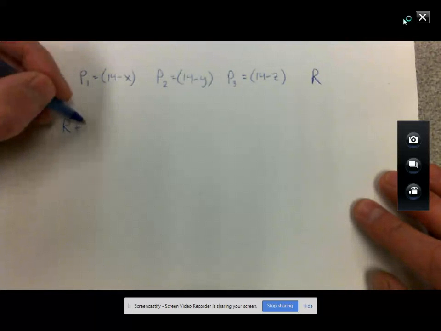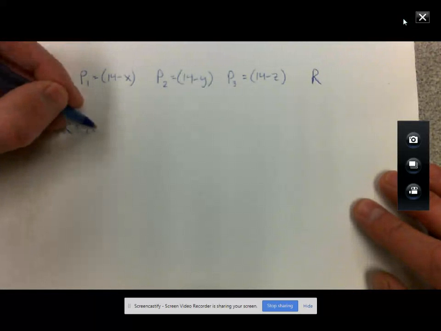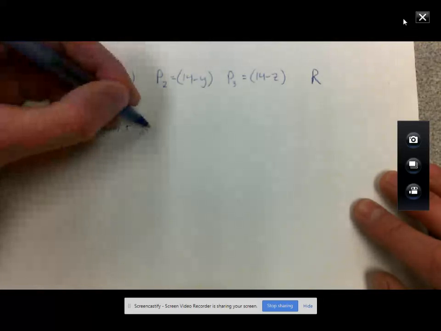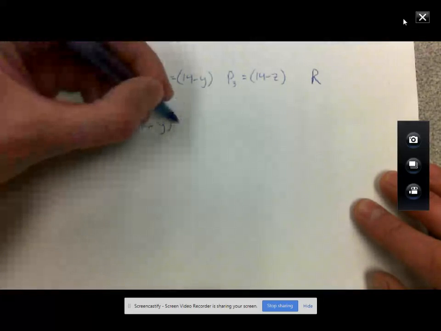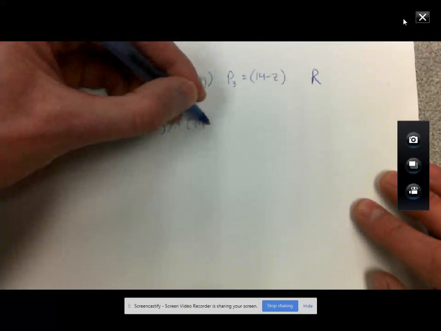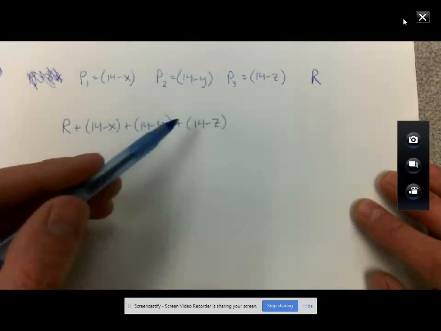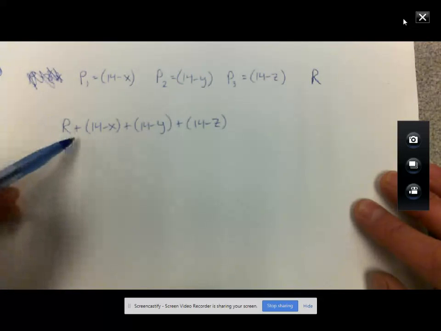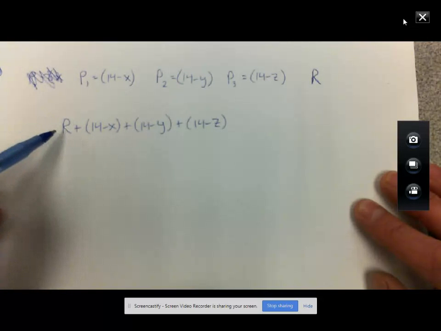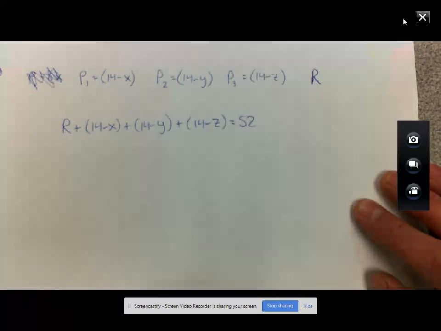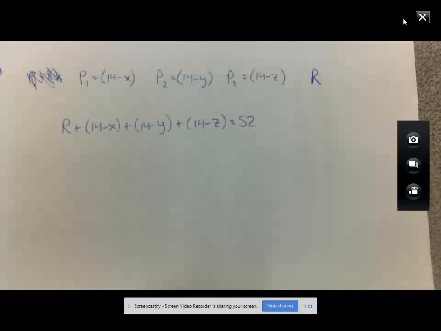Plus you've got pile 1, 14 minus X. Plus you've got pile 2, 14 minus Y. And you've got pile 3. If you take the 3 piles that somebody flipped over and all the other cards that they didn't flip over, and you put them together, you should get 52 cards, because that's everything. That's all the cards.